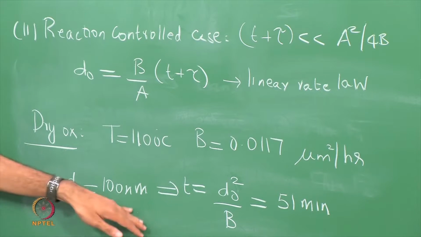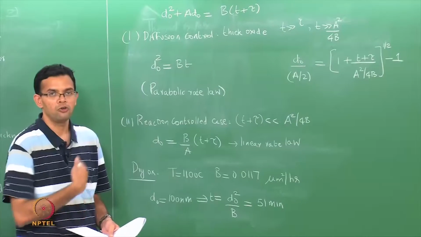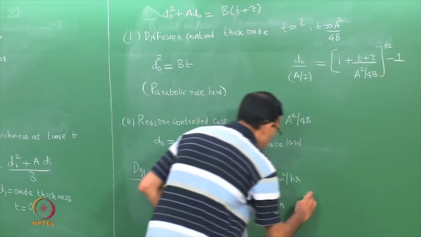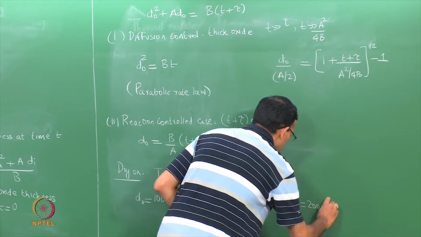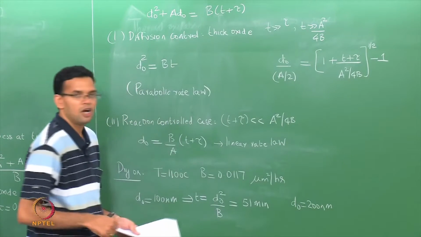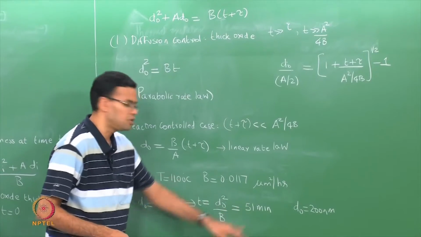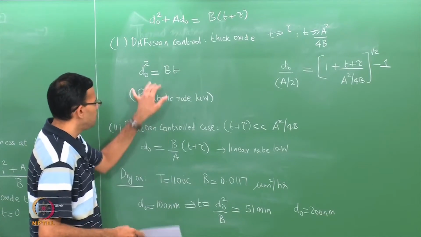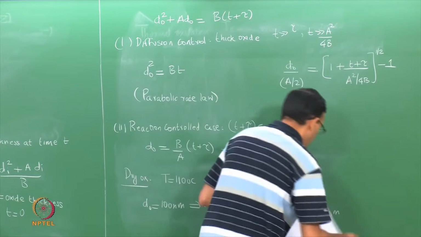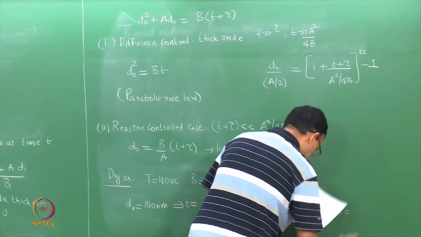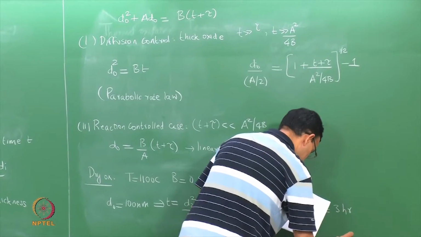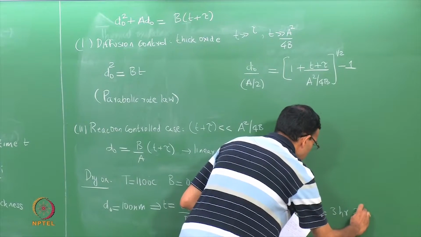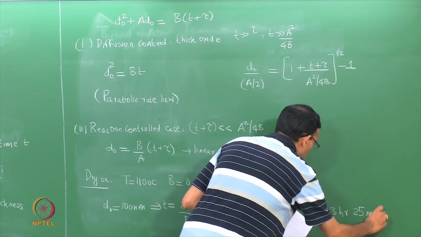Now, instead of 100 nanometers, if I want 200 nanometers, so d naught is 200, the time is not just doubled. It is not just 2 times 51, but because of this parabolic rate law, the time will actually be 3 hours and 25 minutes, or more than 3 times.